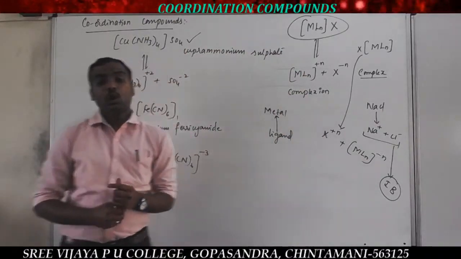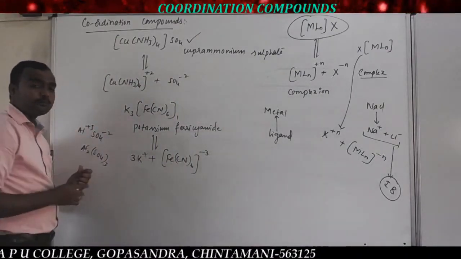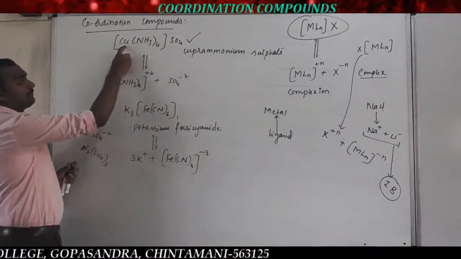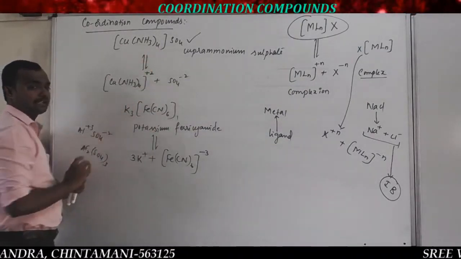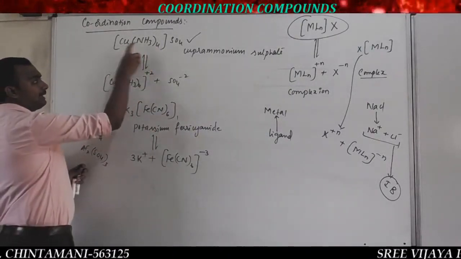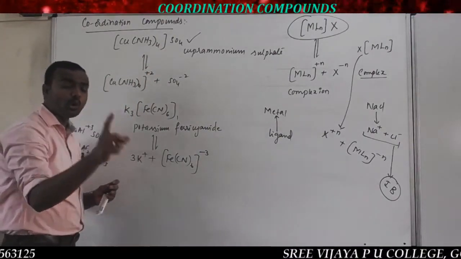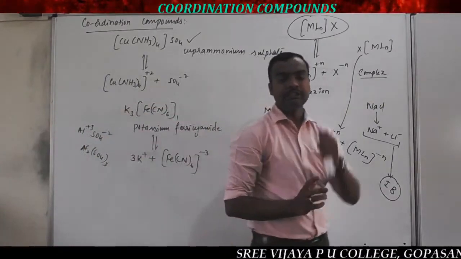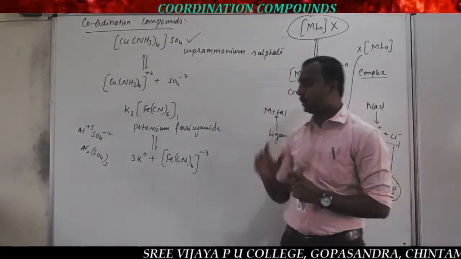So, coordination compound is a salt or a compound in which the central metal atom is attached to a suitable number of ligands, through which bond? Through coordination bond. That type of compounds, or special type of salts, are called coordination compounds.